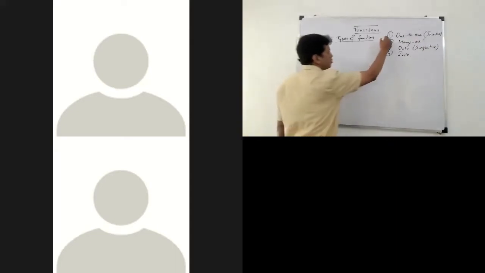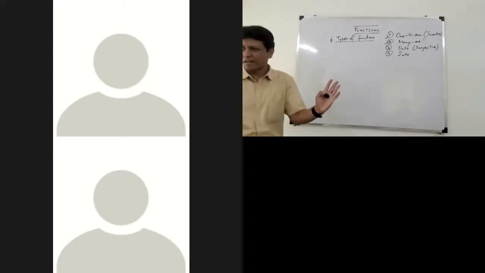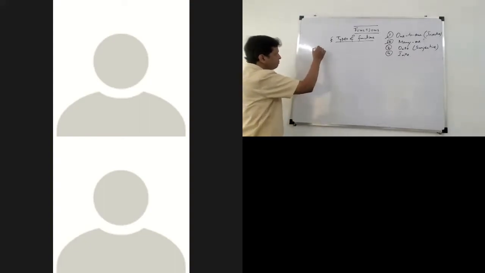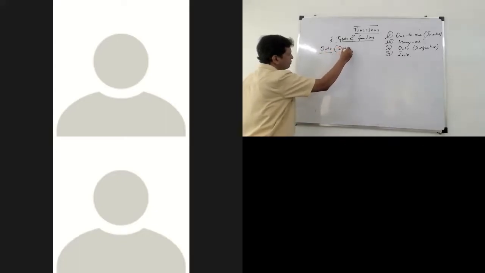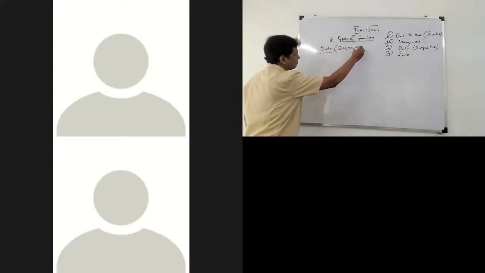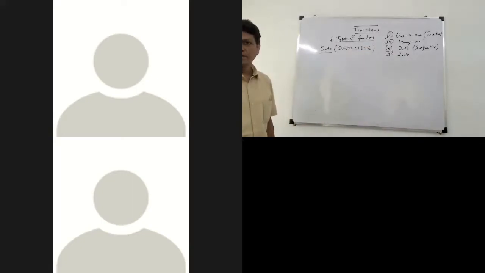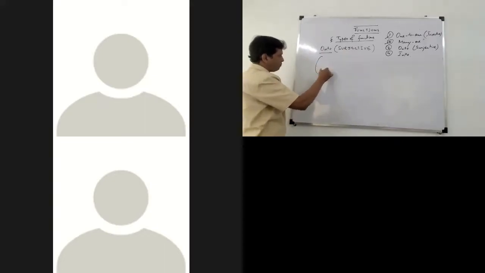So I have discussed these two. If a function is not one-to-one, it is many-one. That's clear. Now I will go to onto or surjective. Or sometimes called injection, surjection, and if both, then it is called bijective or bijection. Now let me draw the diagram again.